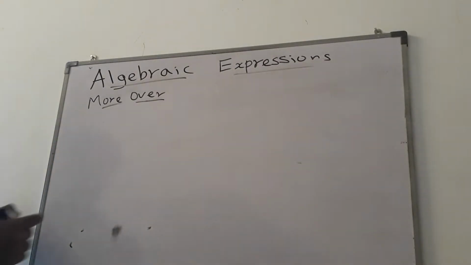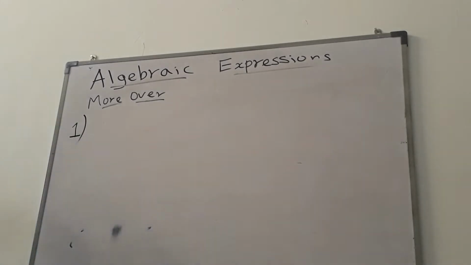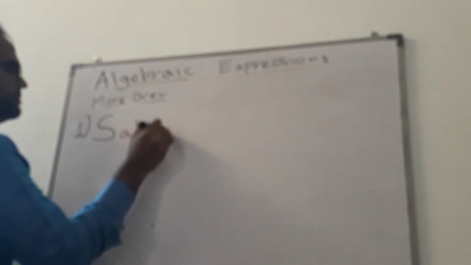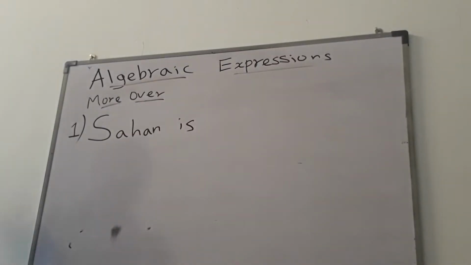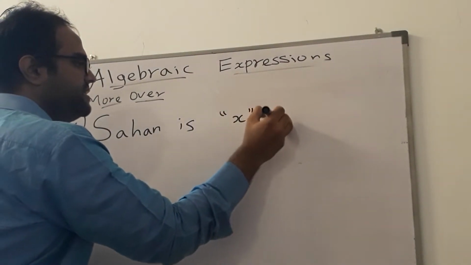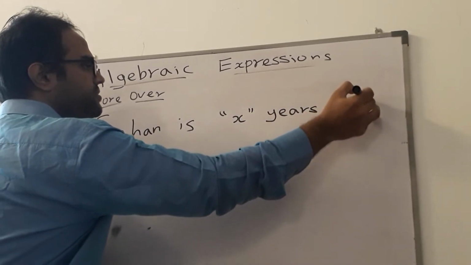So without further delay, let me take a word problem like this. This is our first example. Sahan is x years old. It's an algebraic term, an unknown term.